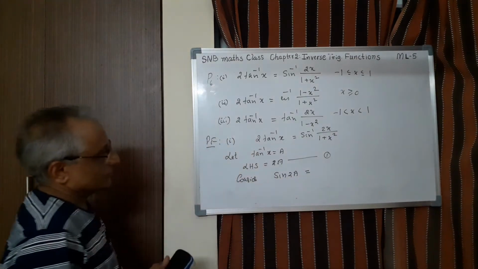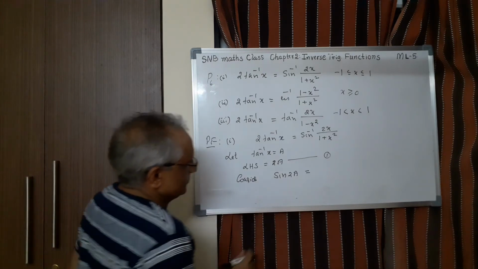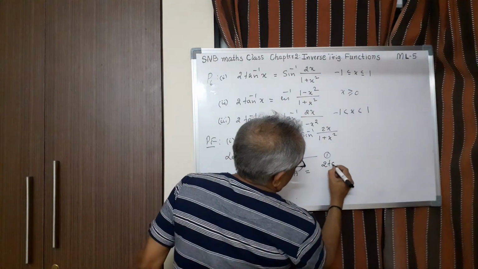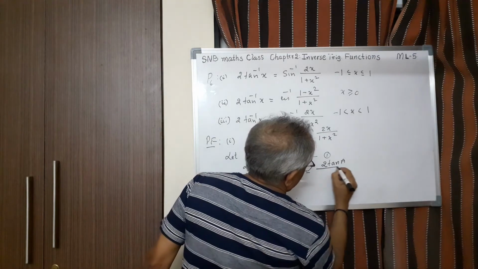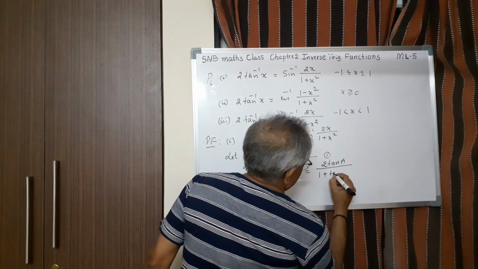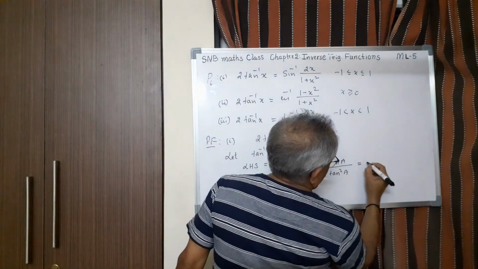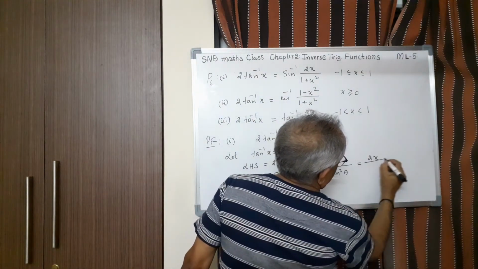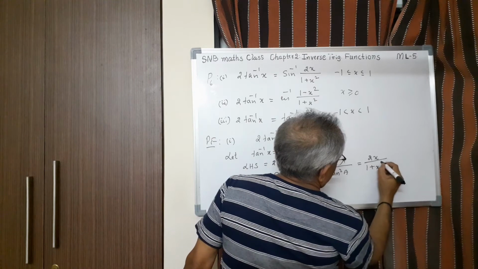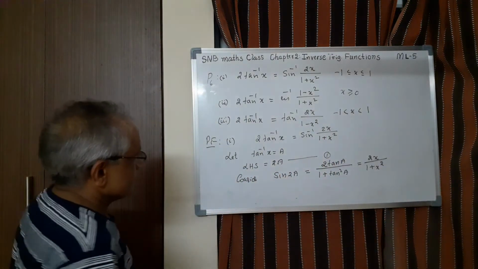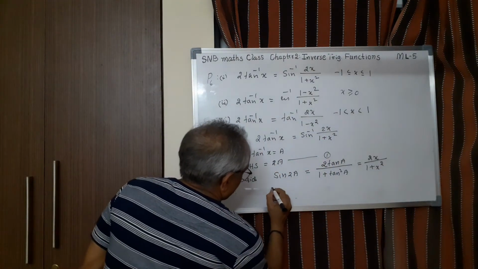We know sine 2a is 2 tan a divided by 1 plus tan square a. So this is equal to 2x divided by 1 plus x square. Therefore, what is 2a?